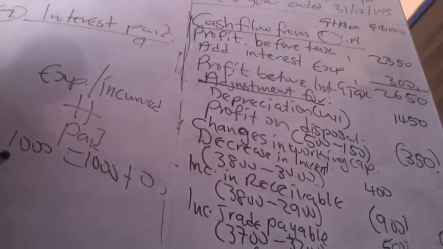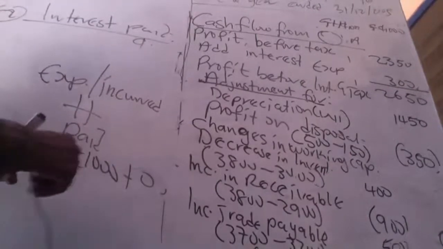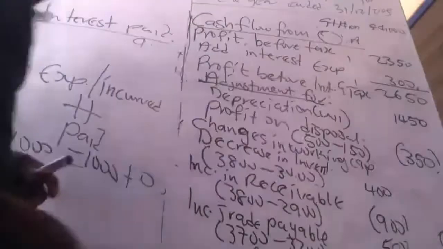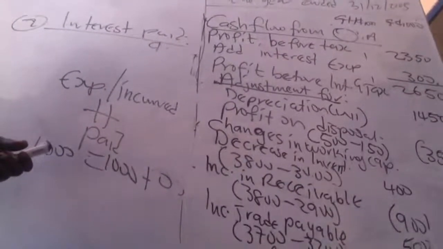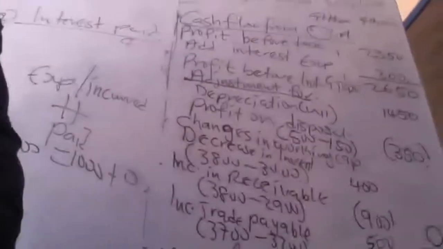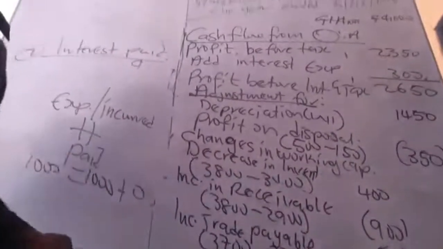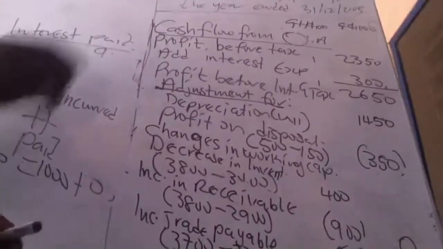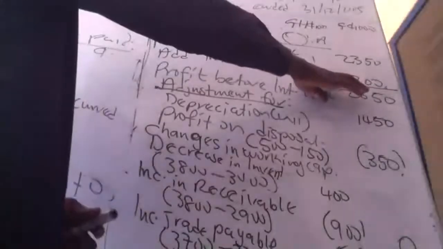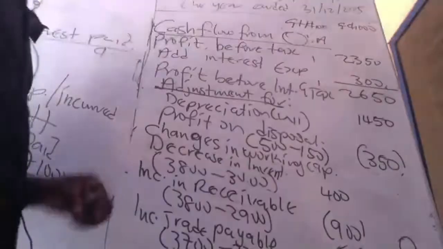So there's no interest owing. And if there's no interest owing in the financial statement, then the interest expense is the same as the interest paid. So good news. So here we are free to copy the interest. Good. So the interest expense 300 over here. They have paid all. They are not owing.